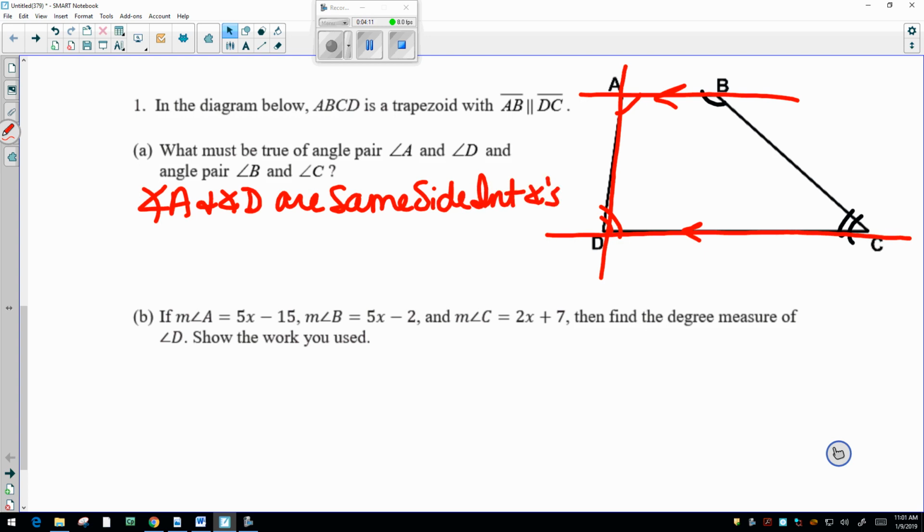And if my lines are parallel, well, I know same side interior angles are supplementary. Okay. If we do the same thing with B and C, well, we get the same idea. It's just a different transversal, where I have my two sets of parallel lines. And now B and C are also same side interior angles.